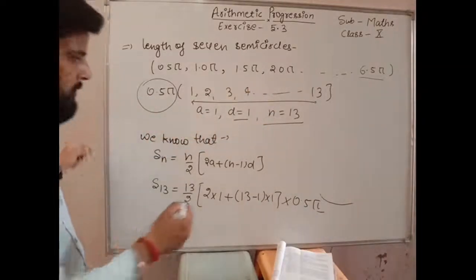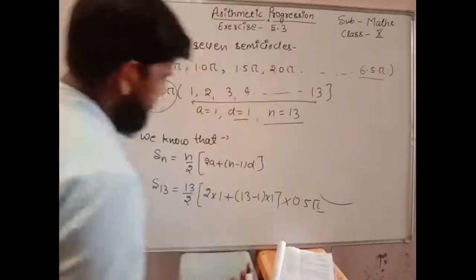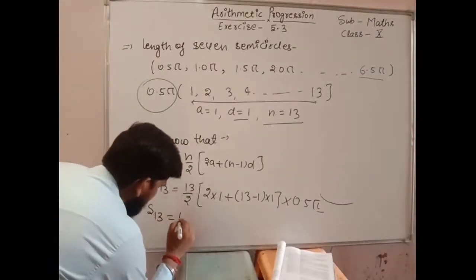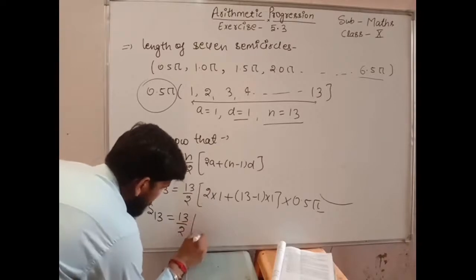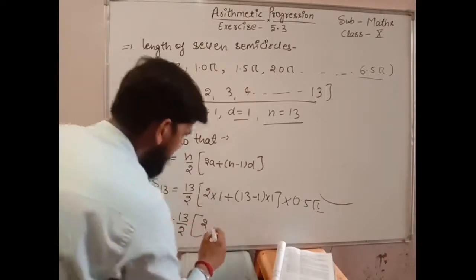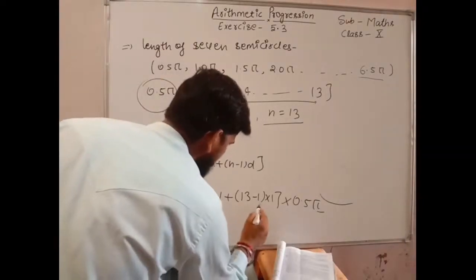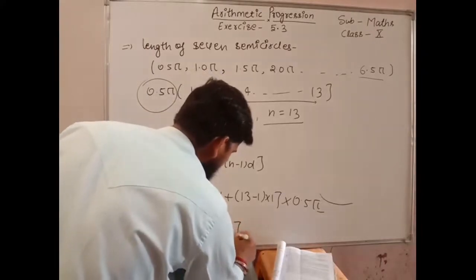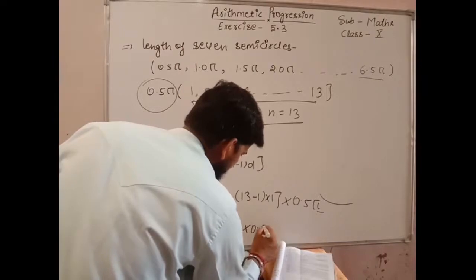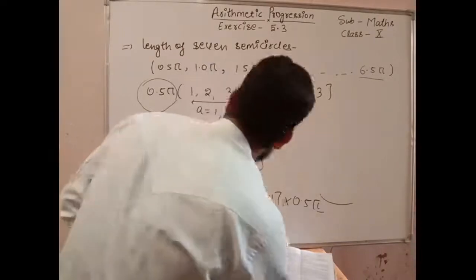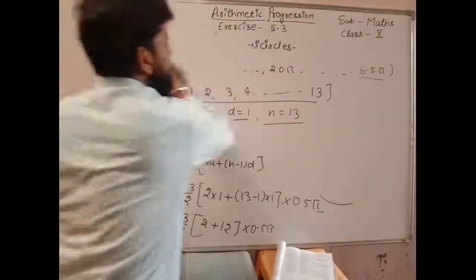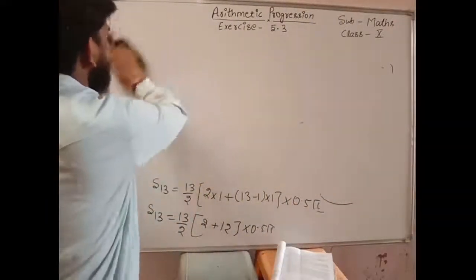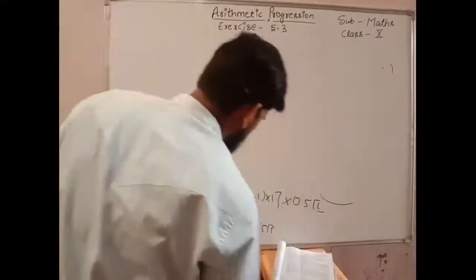This is equal to 13 upon 2, (2 plus 12 multiplied by 1), multiplied by 0.5 pi.